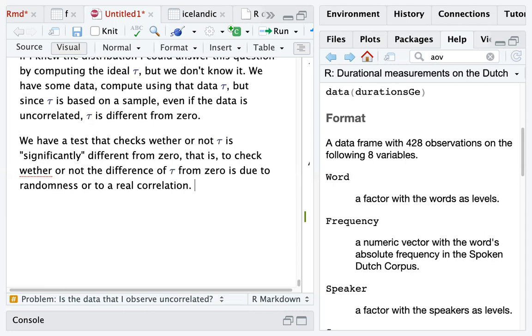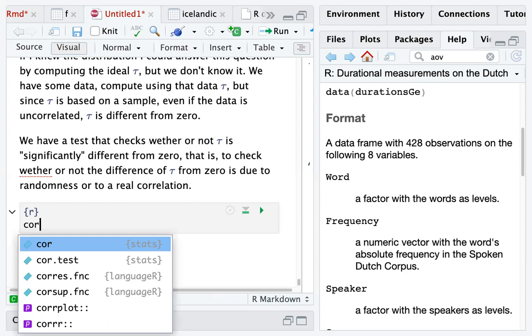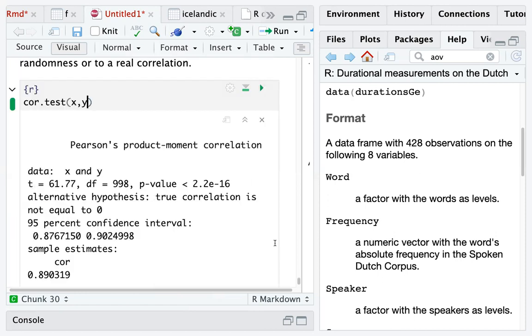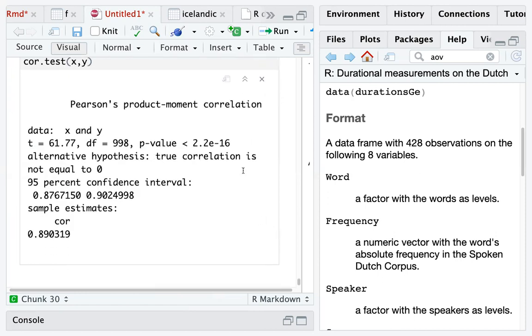Of course, we have this test in R, called cor.test. We can put X and Y and see that in this case the p-value is really small.